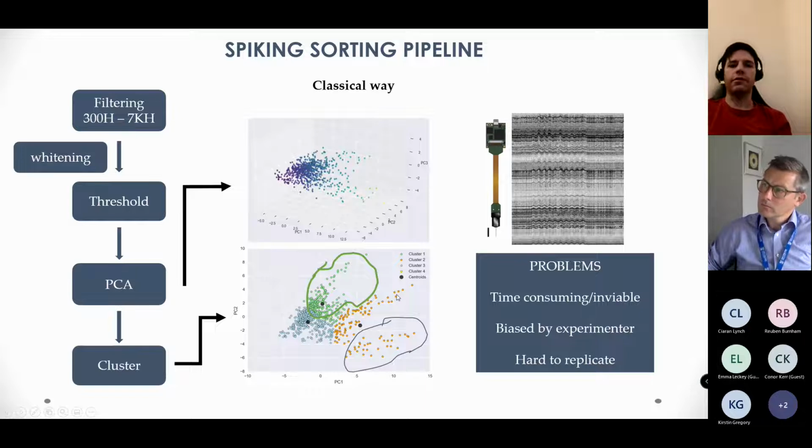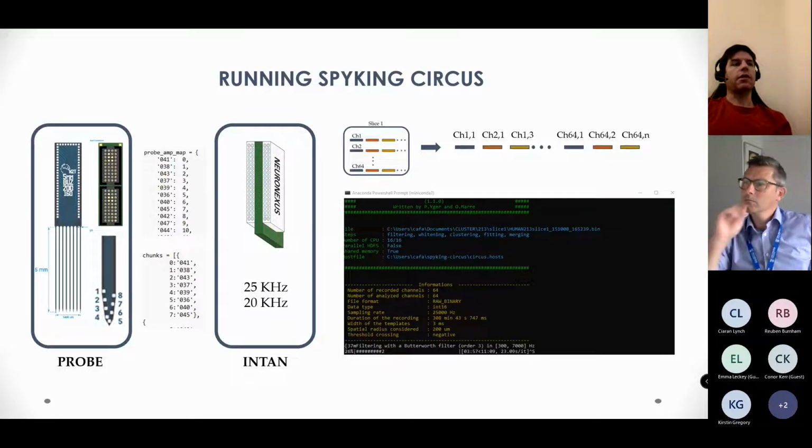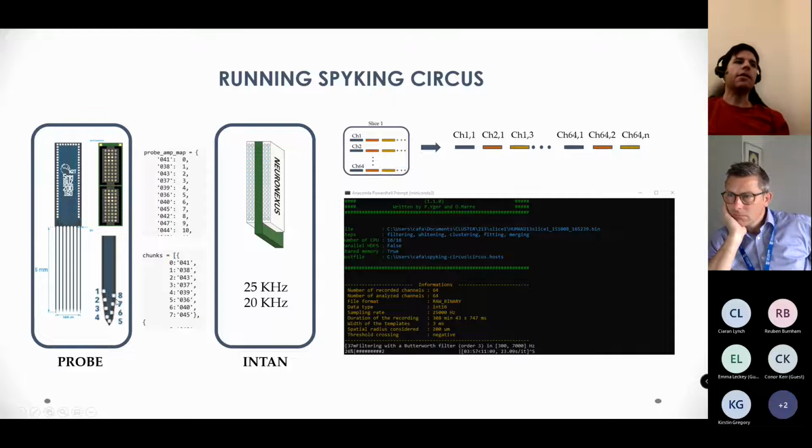The data that we record from these humans come from these probes. These are multi probes. They have 8 chunks, and in each chunk they have 8 electrodes. So in total, we have 64 channels, and these channels record neurons around them.